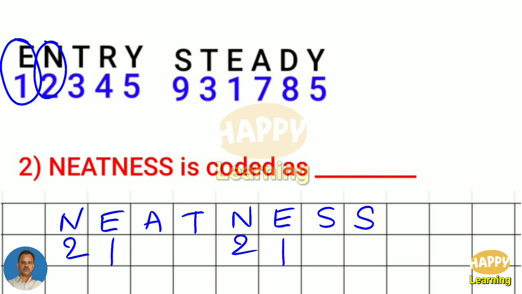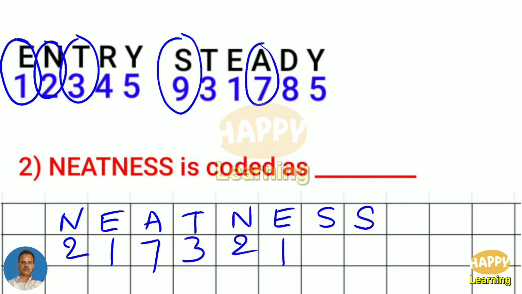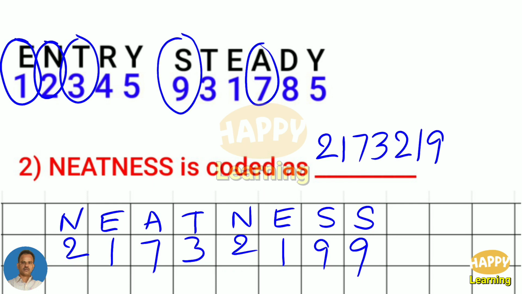Here it is 1. A is coded as 7, so here it is 7. T is coded as 3, so here it is 3. S is coded as 9, so 9 and 9. Therefore, the code for neatness is 21732199.